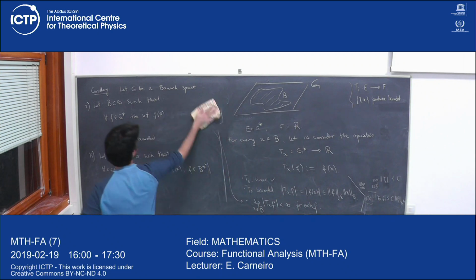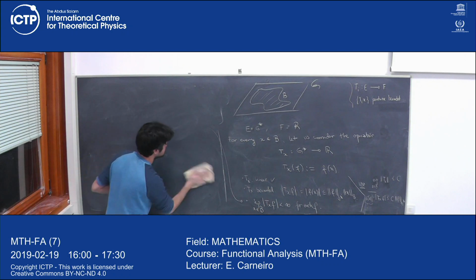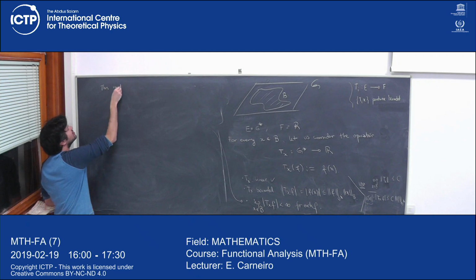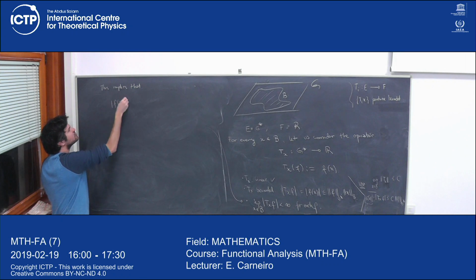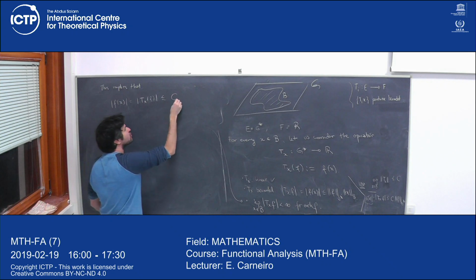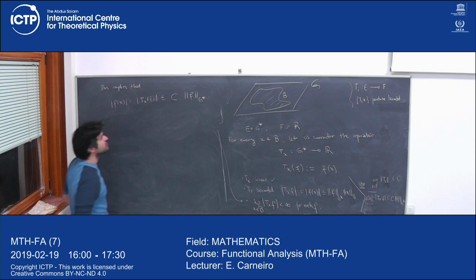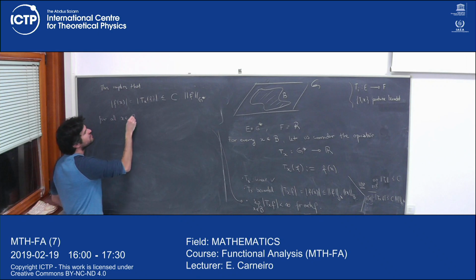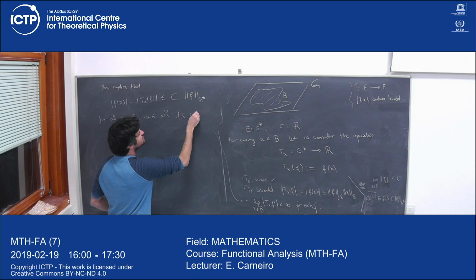Okay, so let me just conclude. We have already proved this statement. Let me write a few more lines. This implies that |f(x)|, which is |Tx(f)|, is less than a uniform constant c times the norm of f in G star, for all x in B and all f in G star.